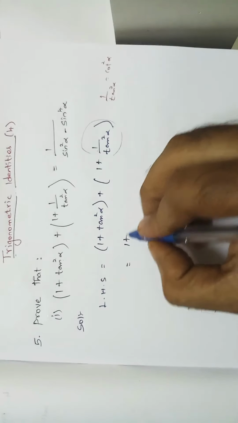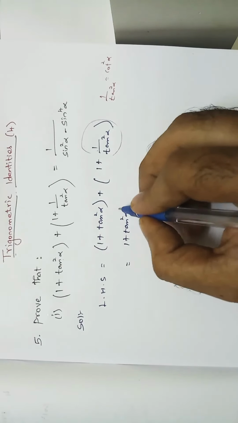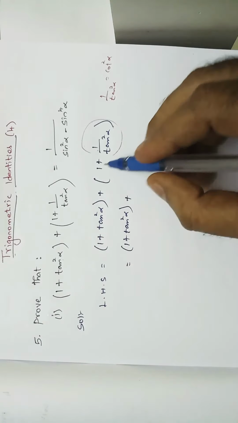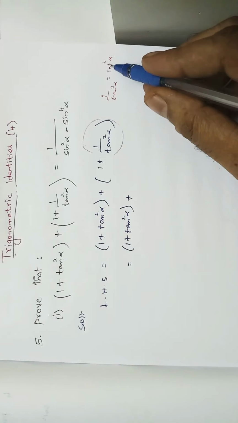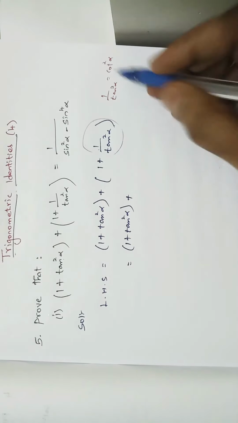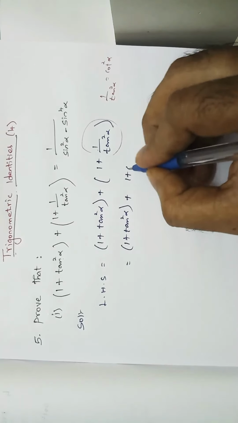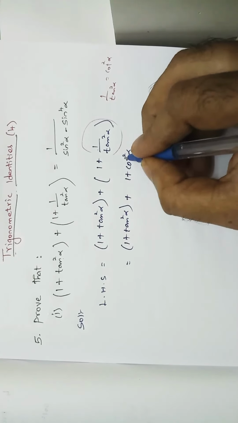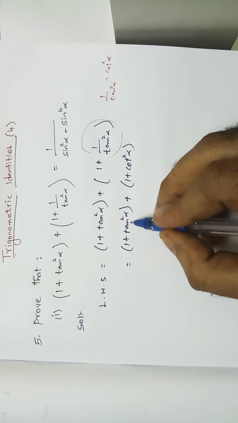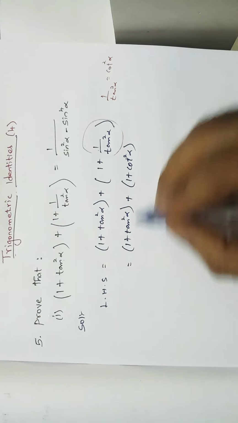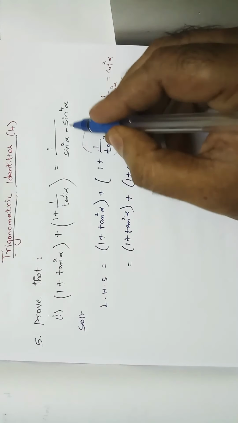So 1 plus tan square alpha, plus 1 plus cot square alpha. Now I am going to convert this tan square and cot square in terms of sin cos, because the RHS is in terms of sin.